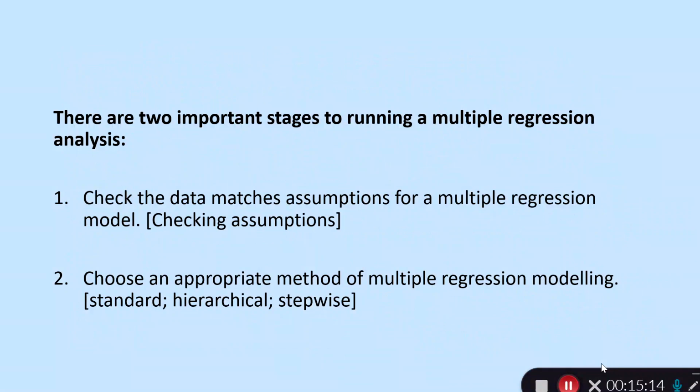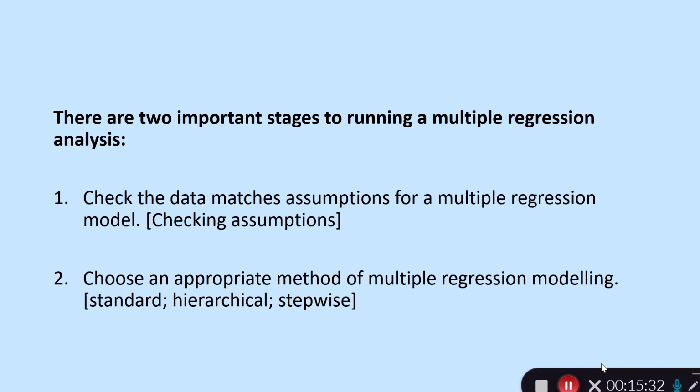Okay, right, so there are two important stages to running a multiple regression analysis. Firstly, we should check the data that we're using matches the assumptions for multiple regression. We call that checking assumptions.